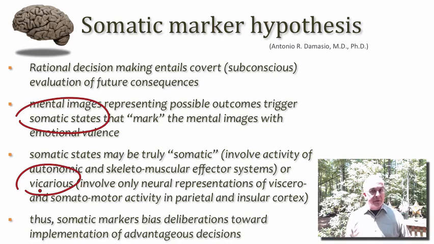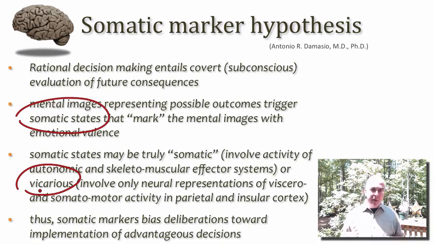So in Damasio's conception of decision-making, these somatic markers are biasing the covert deliberations towards the implementation of advantageous decisions. And this helps us understand what might happen with damage to these parts of the brain, where this important somatic marker function is disabled.